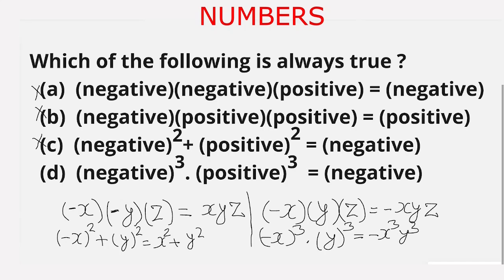Therefore, statement D, which says negative cube multiplied by positive cube is negative, is true. So this statement or this equation is true. Therefore, our answer is option D. Hope you have understood the explanation. We go to the next question.